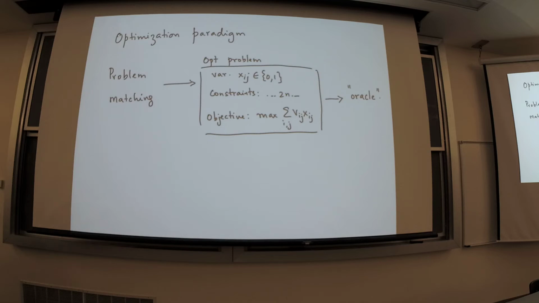So this oracle will give us some values for x_ij, and from this you will need to convert to a solution to the original problem.